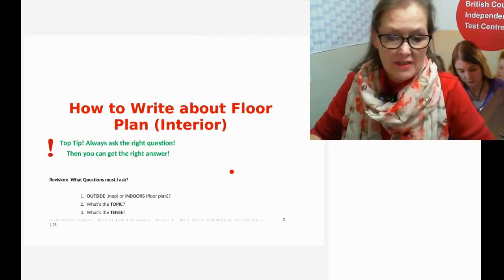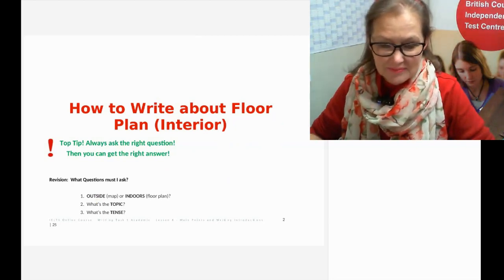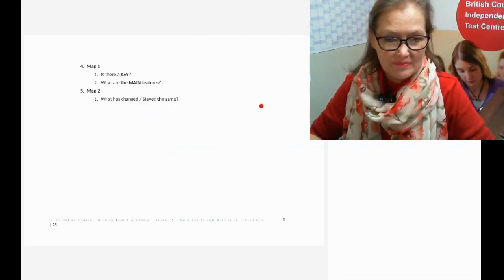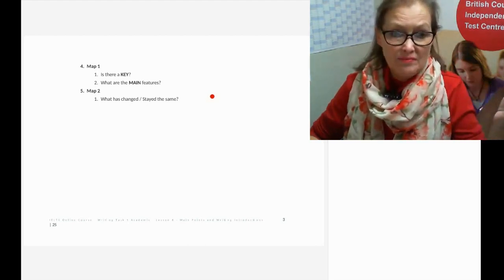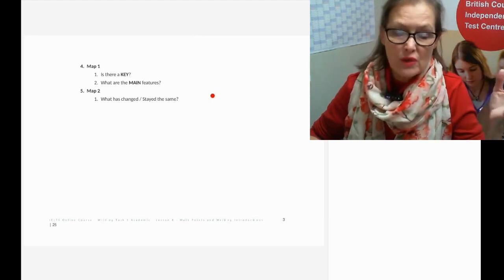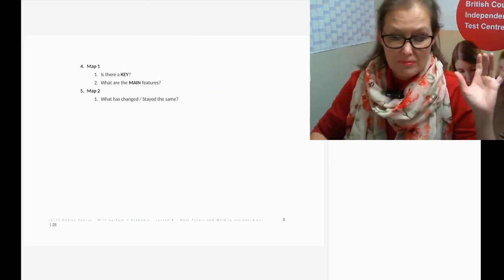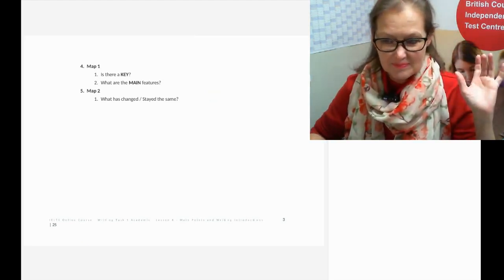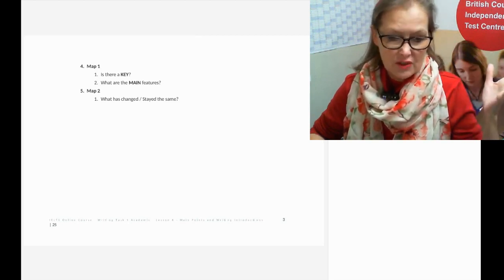And then once again, what's the topic? What's the tense? And then, of course, is there a key? What are the main features? And when we look at map number 2, what's changed? And is there anything that's remained the same? So these are the 5 questions that you're going to ask yourself.